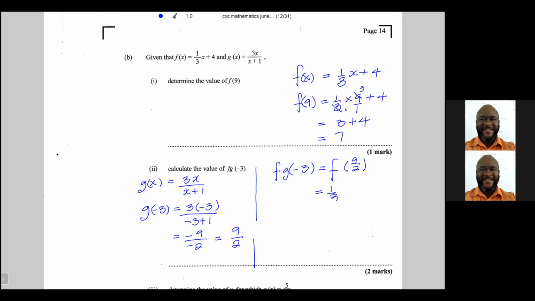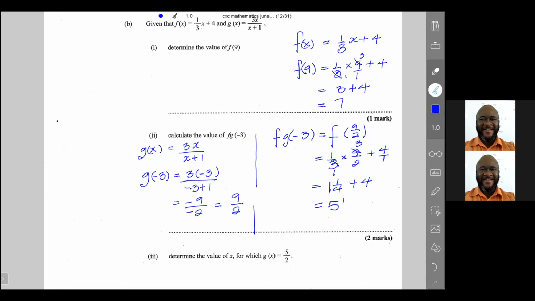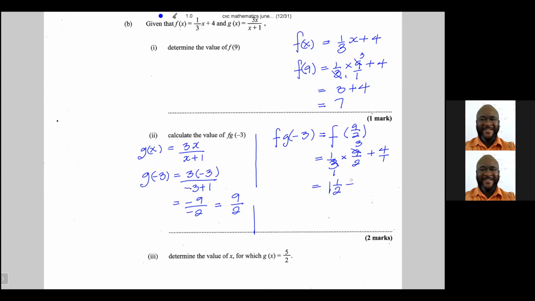So it's one third times 9 over 2 plus 4 over 1. 3 into this is 1, 3 into this is 3. So we have 3 over 2, which is 1.5, plus 4. Sorry, I said a half and I wrote a quarter. 1.5 plus 4, the answer is 5.5. f of g of minus 3 is 5.5.